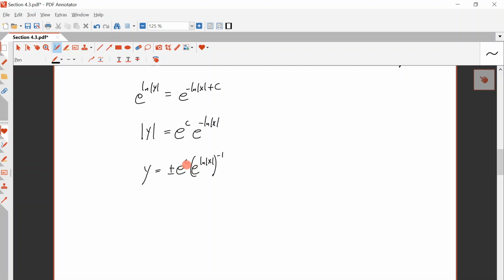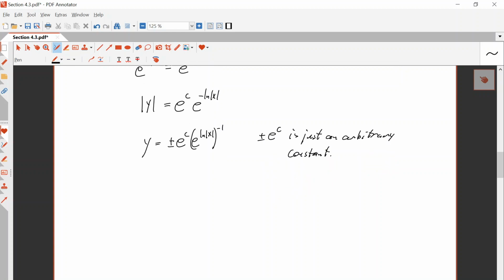Now, c is an arbitrary constant. So e to the c is an arbitrary constant, so plus or minus e to the c is just an arbitrary constant.